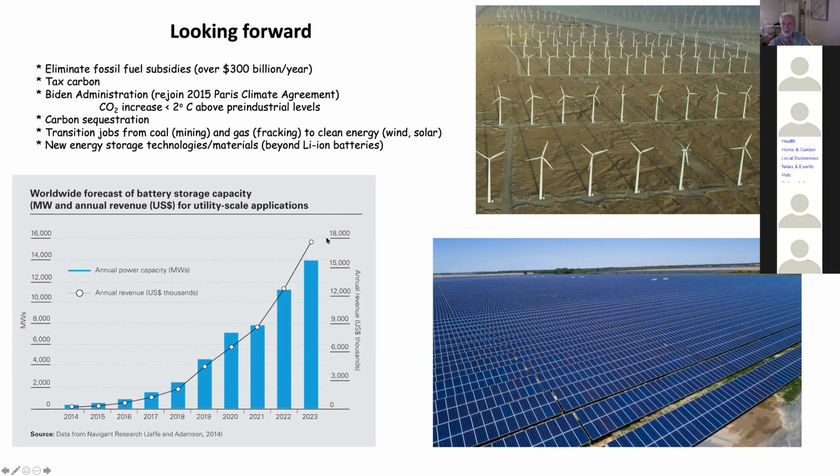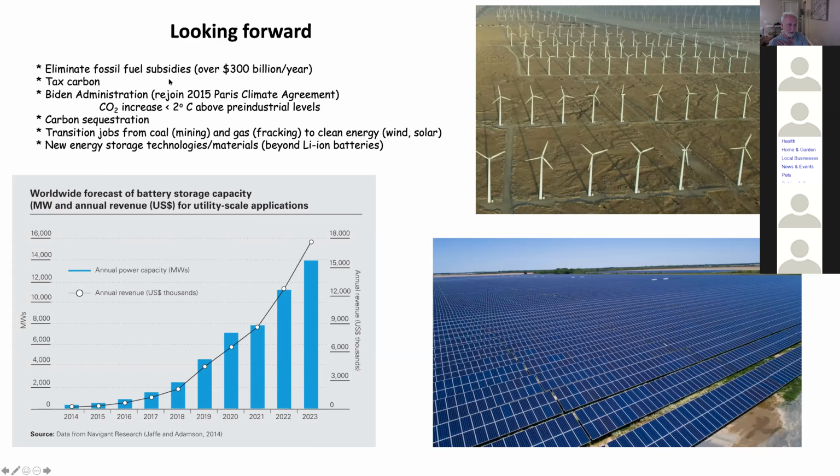Okay, looking forward. What should we be trying to do? And I am being nowhere near comprehensive in this, but there are some simple things that could be done rather quickly to speed up the process of reducing carbon dioxide production.